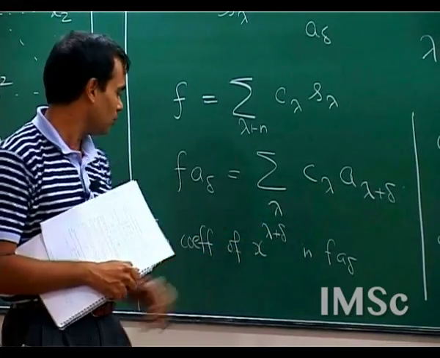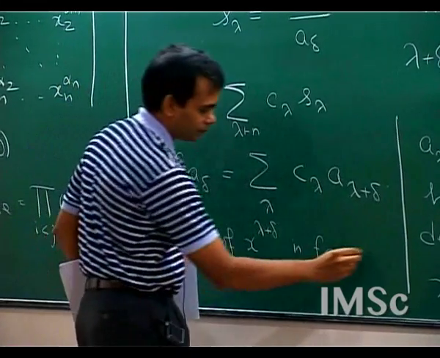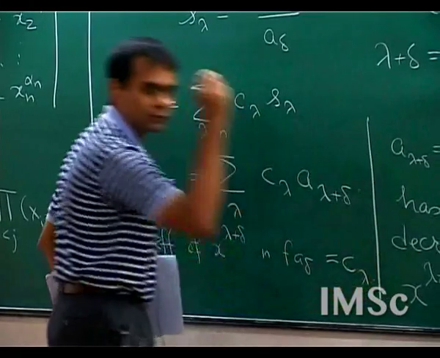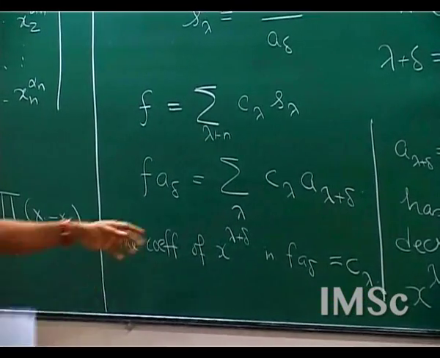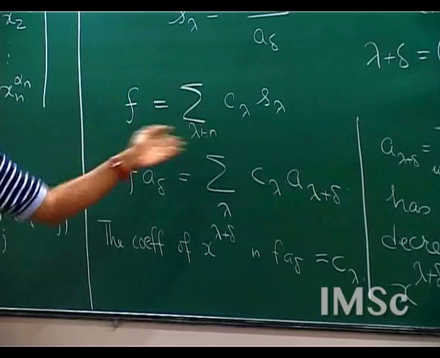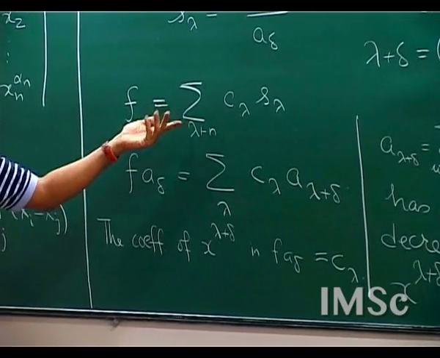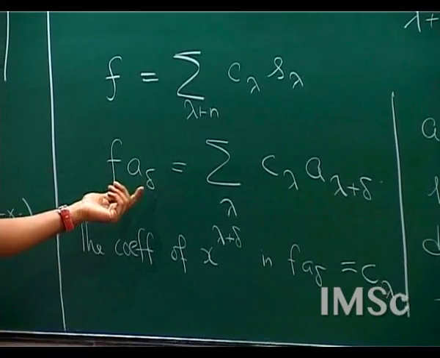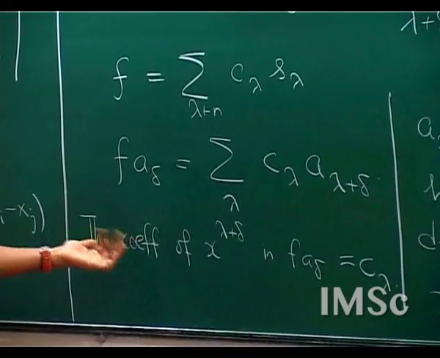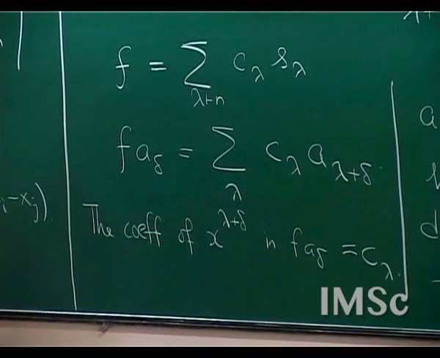So this is equal to C lambda. Right? So you can extract the coefficients in the expansion of something as a linear combination of Schur functions by multiplying it by the Vandermonde determinant and looking at the coefficient of a certain strictly decreasing monomial.